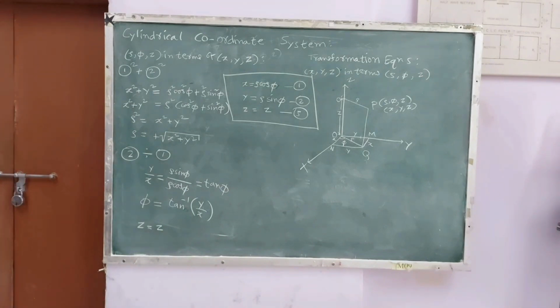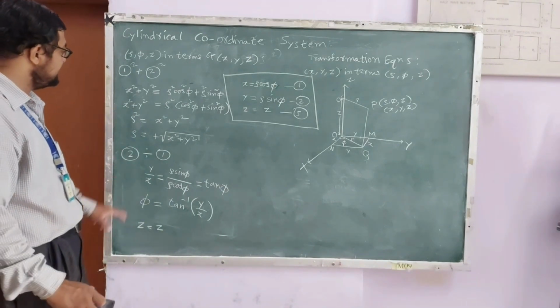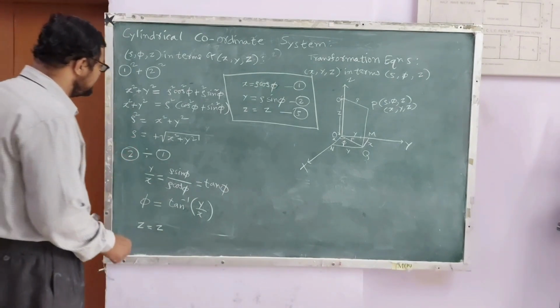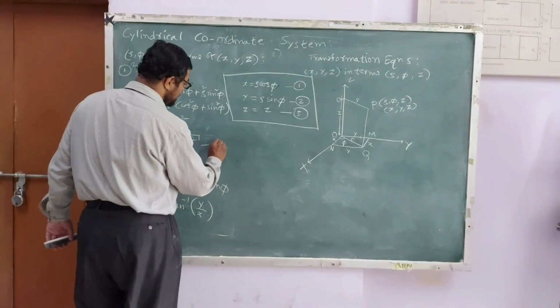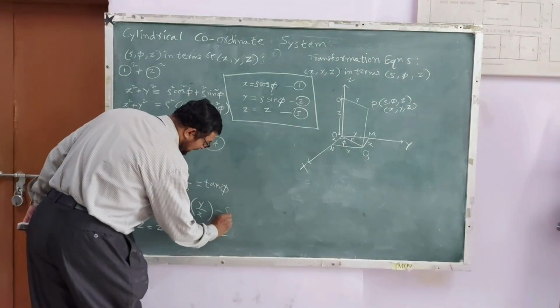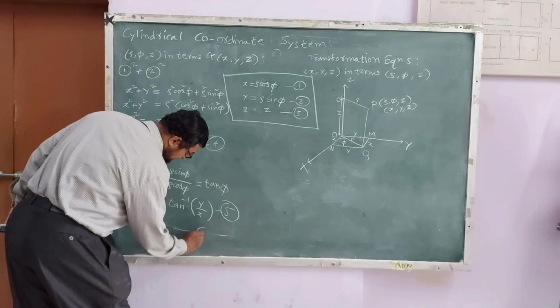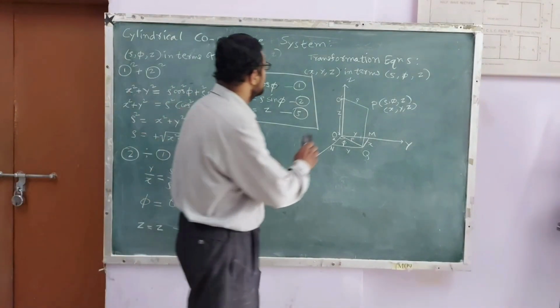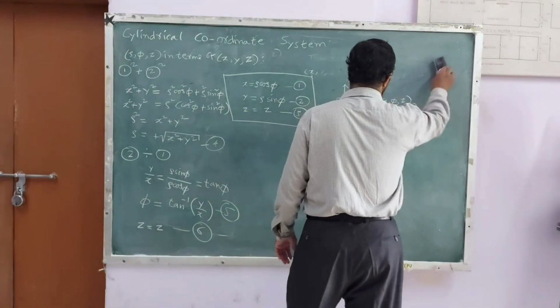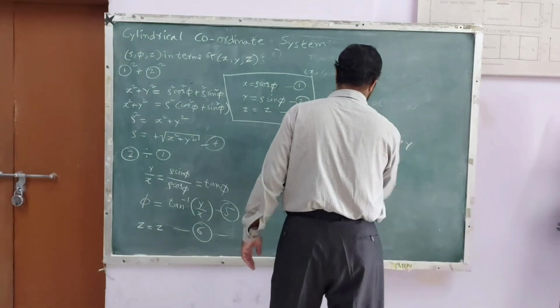So we get these three coordinates. I will write down these equations again; I will call them equations 4, 5 and 6. Now this figure is not required, so let's rub it.